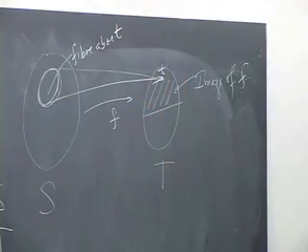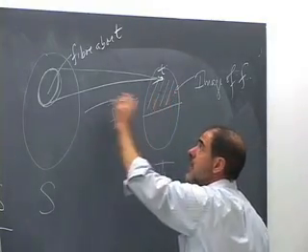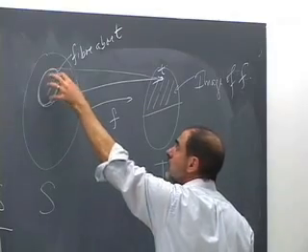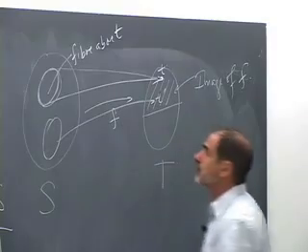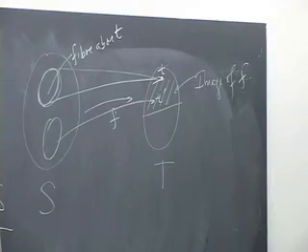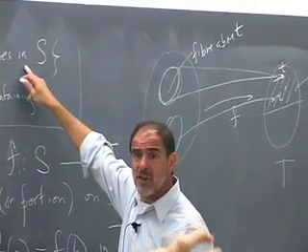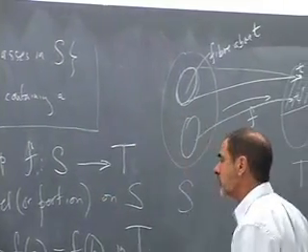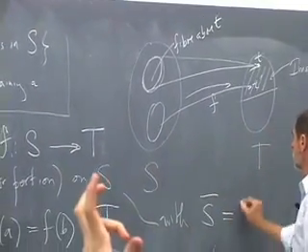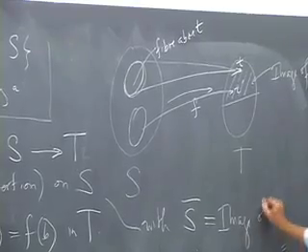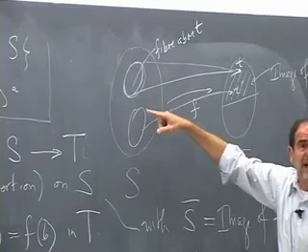That gives a partition of S, because everything in S maps to something in the image, so everything is covered, and yet the fibers are distinct. The things mapping to T have no intersection with the things mapping to a T prime. So that gives an equivalence relation. And if you think about it, the set S bar, the set of equivalence classes, can be identified with the image, because the different points here index the different equivalence classes in S.